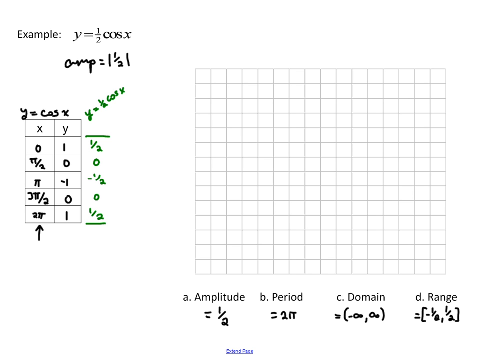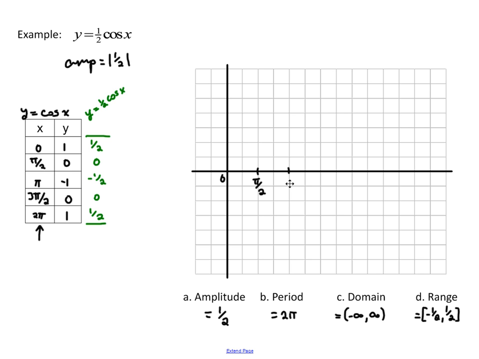So what am I going to do? Well, let's go ahead and get a picture of our function. Here's our x-axis. Here's our y-axis. We're going to go from 0 to 2 pi. So let's mark off our x-axis. Here's pi over 2. Here's 0.